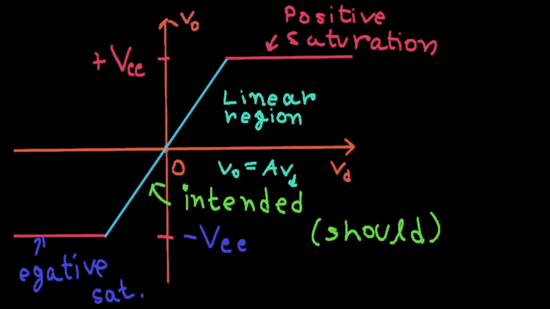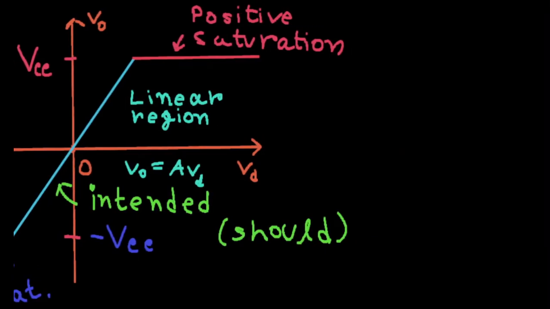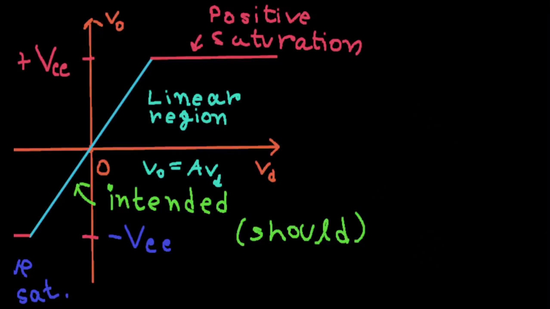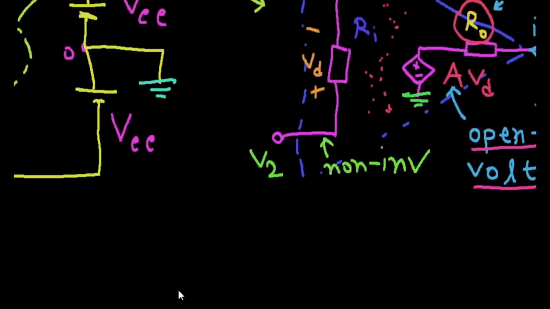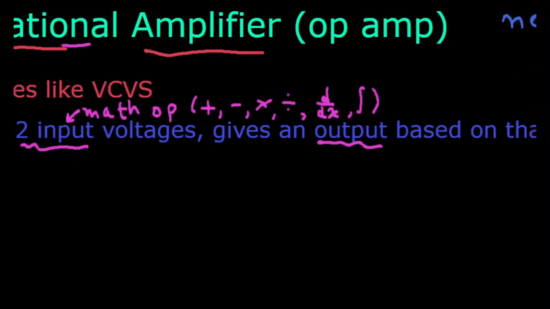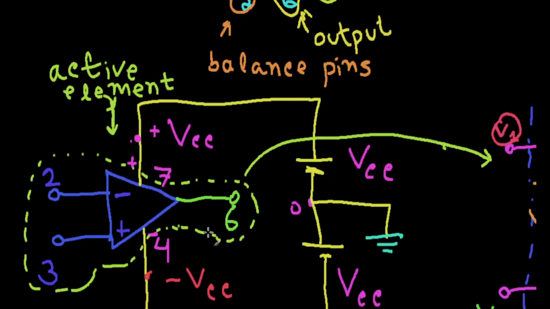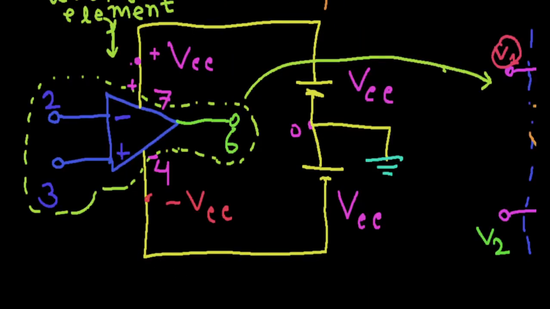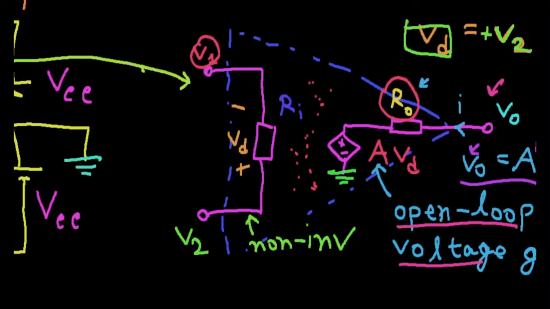So anyways, I think that's enough investigating the non-ideal op amp or practical op amp. I think we have learned enough. So basically, we saw what an op amp is, learned a bit about that, saw what the pins do, drew a circuit diagram of the whole op amp.